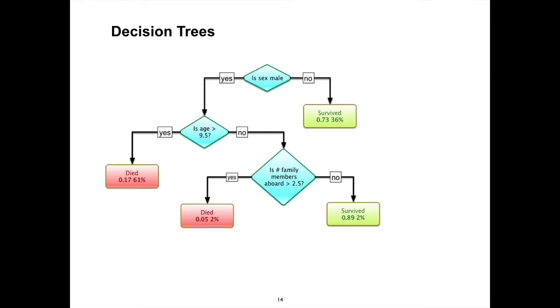We build this model up, and then when you go to actually use a model, you just take that data and follow the tree, right? Boom, boom, boom, boom, and then okay, we got down here, so basically 2% died, so we'll assume that they survived, right?